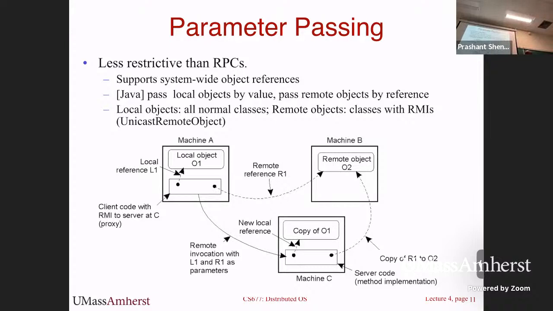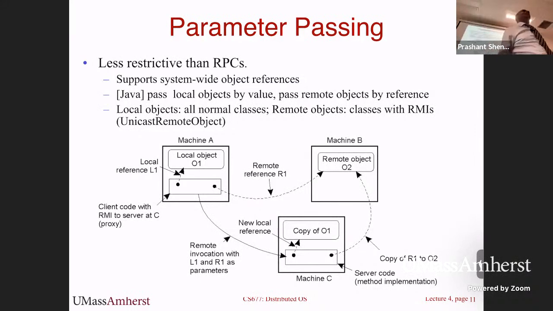In the Java world, you pass all arguments by value, with one exception: some objects can be passed by reference. If you declare an object to be a remote object, which means that this object exports methods that can be invoked by other objects, and you pass it to a method, it will be passed as a reference, because you can't pass it by value.